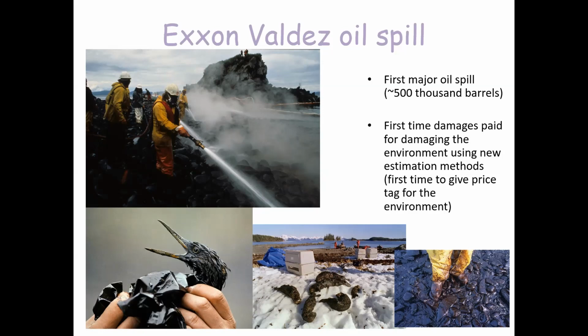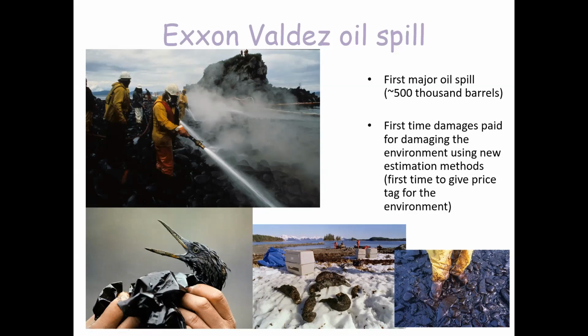About 500,000 barrels. It was relatively big. You can see here the environment has been affected, especially the coastlines, which were all covered with oil. Animals, you can see here sea otters, their skin has been damaged. You can see birds. I'm sure you've seen these pictures before.